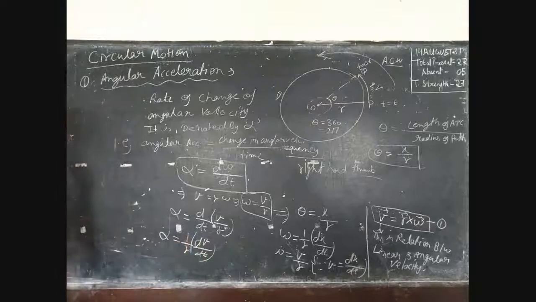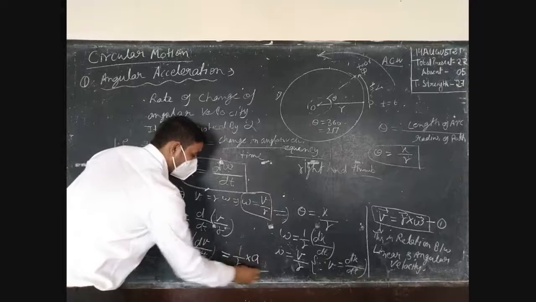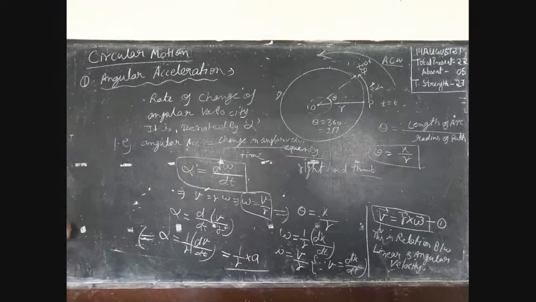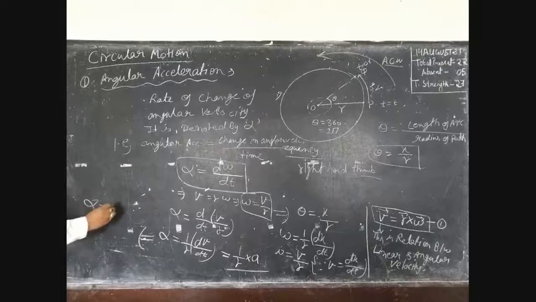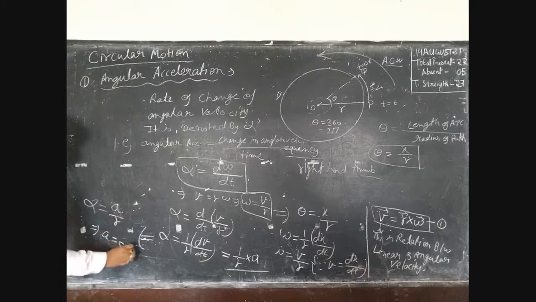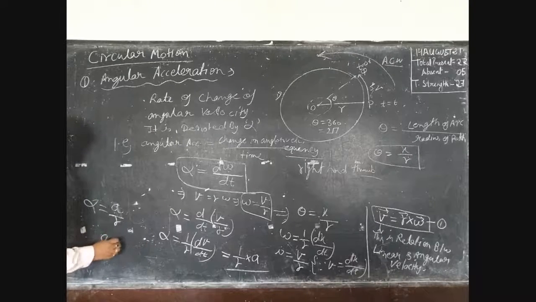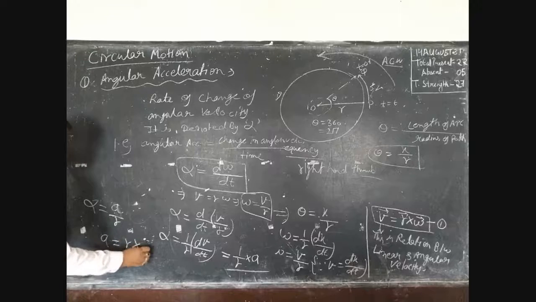Now this dv over dt is the rate of change of velocity, that is acceleration. Therefore we can write alpha is equal to a upon r, or a is the cross product of r cross alpha.